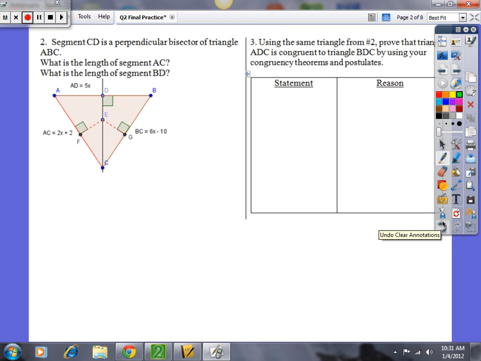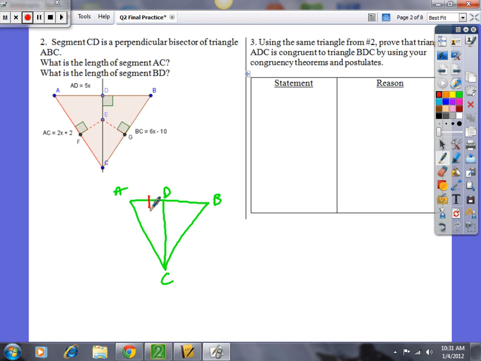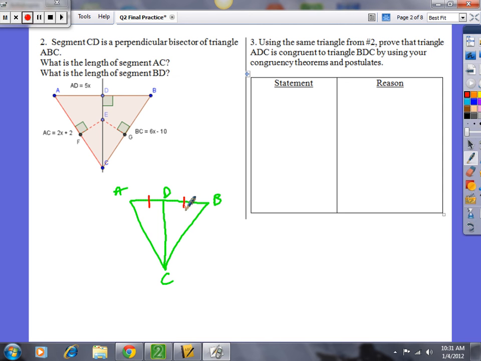So, here's what we know. Let me copy this right here. I'm going to call this A, D, B, and C. I know that AD is congruent to DB because it's a perpendicular bisector, so it bisects AB.